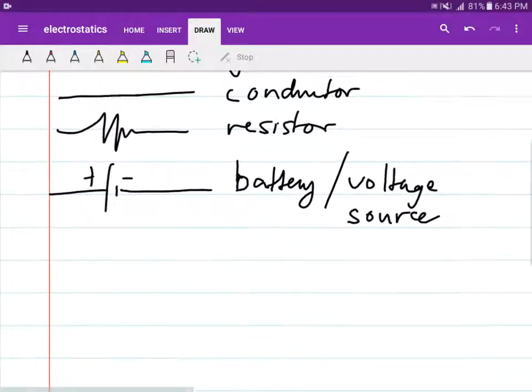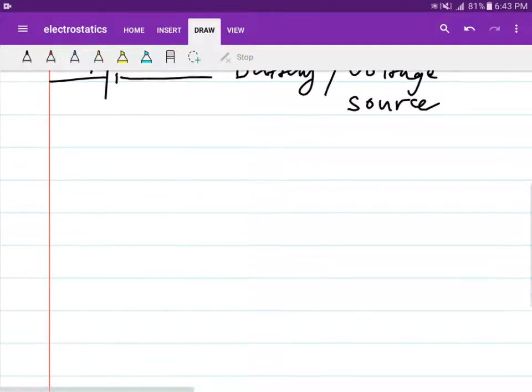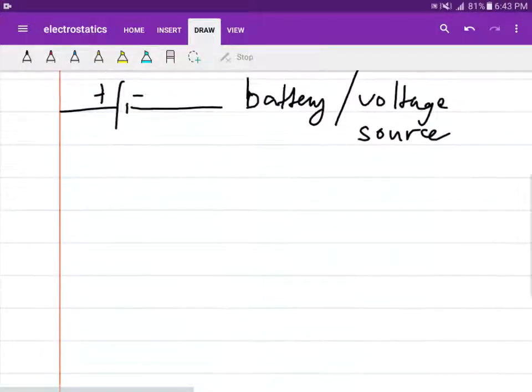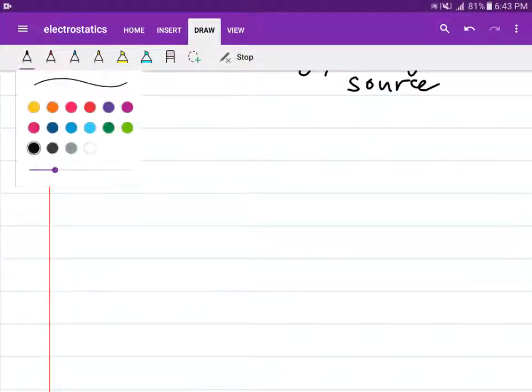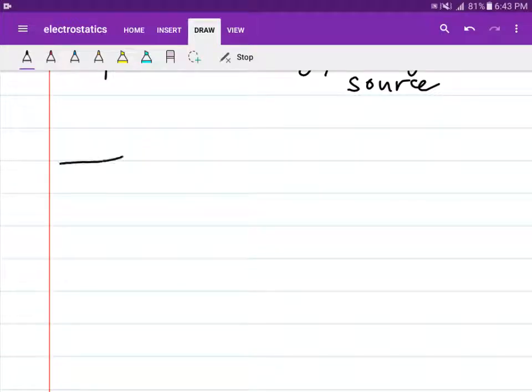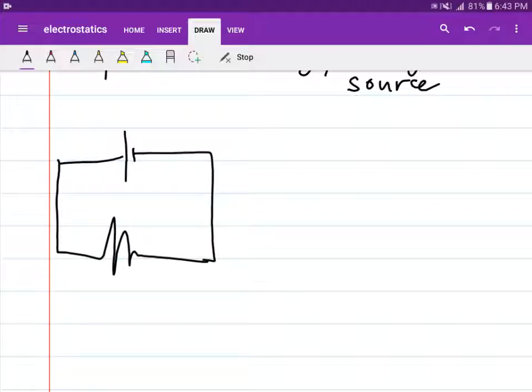So let's try to solve a simple circuit using these three circuit elements. We have a battery, a wire, and a resistor. Say this battery provides 18 volts of potential difference. So here we have low and high.